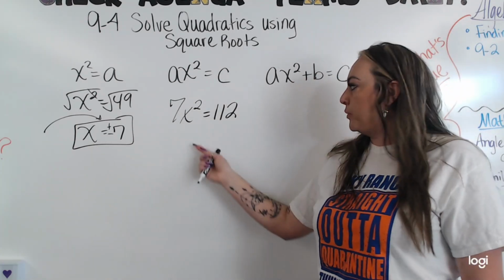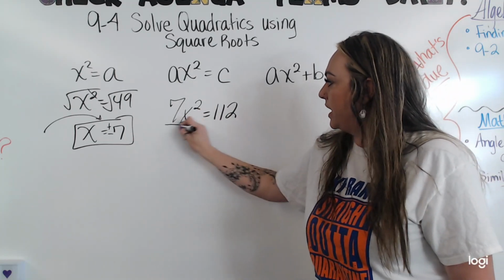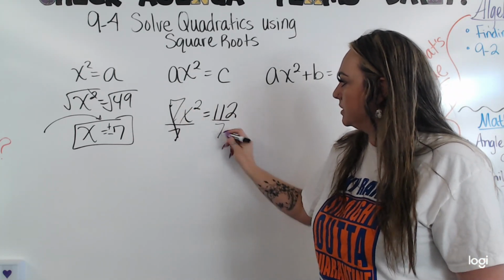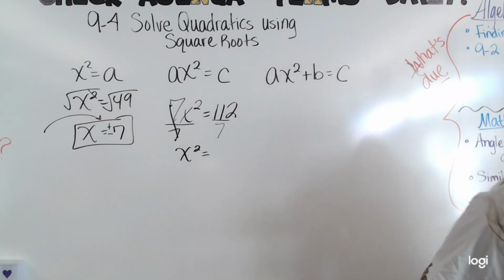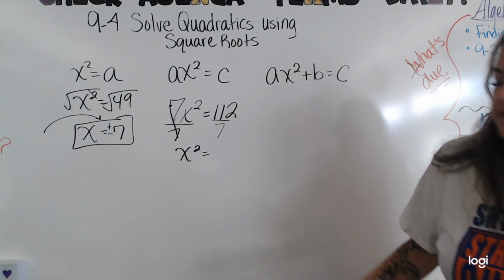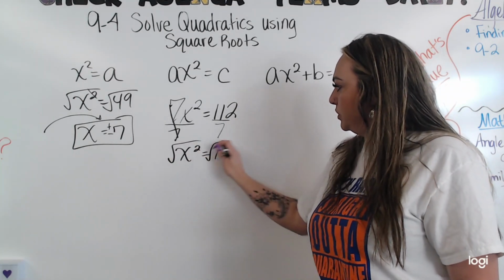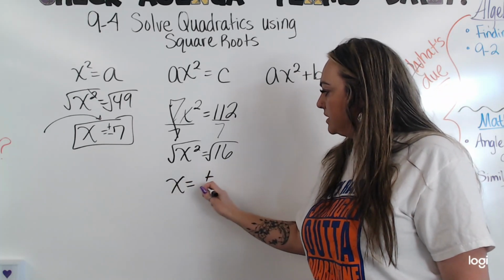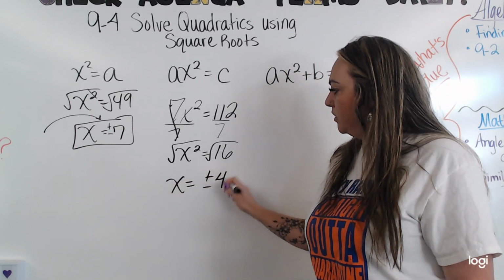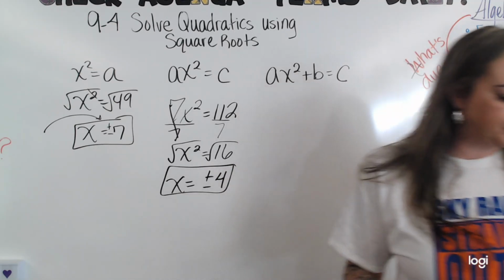We need to separate our coefficient from our exponent, so we're going to divide both sides by 7. There's nothing else to do. That gives us 16 on this side. Then we take the square root of each side, and we get positive or -4. So x can be positive or -4.